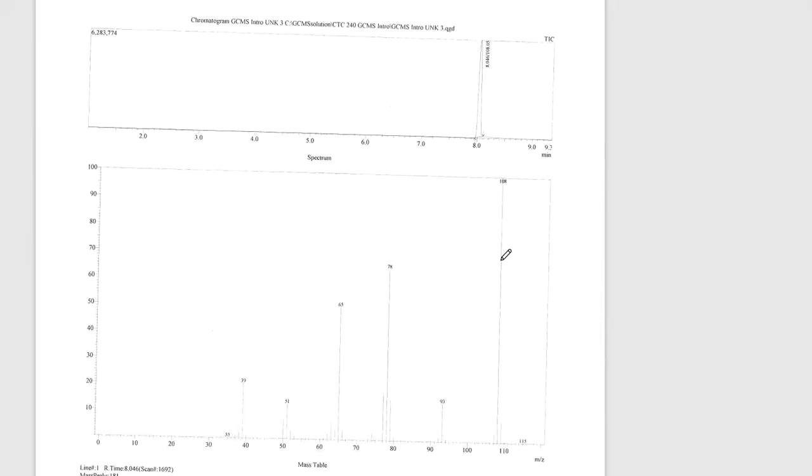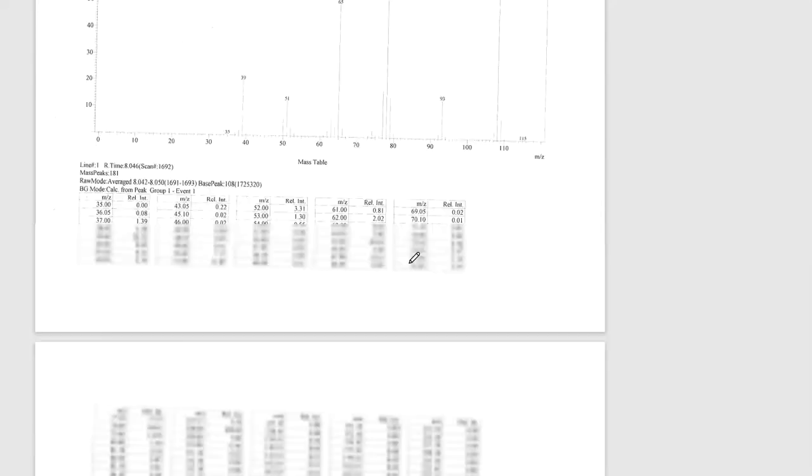Look, that one was like 156. And look at this one. This one's like a 108. So that will give you a better, narrower field of which unknown goes to which sample. Use the formula weight of a compound first, and then worry about the fragmentation pattern a little bit later.